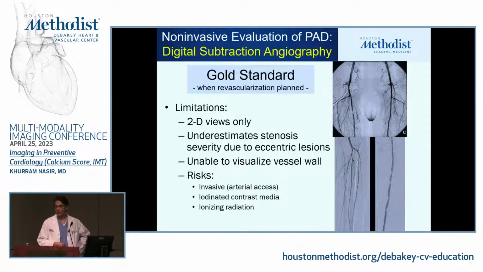You really have no idea what the vessel wall looks like or how much atheroma is there. And let's not forget, these are invasive procedures. You're going to be sticking somebody in the groin, taking the risk of an arteriotomy and the risk of bleeding.